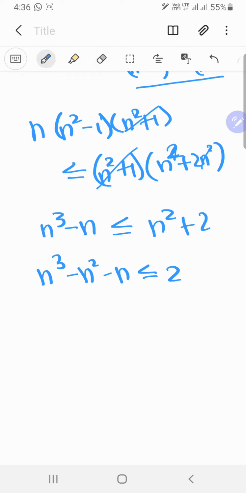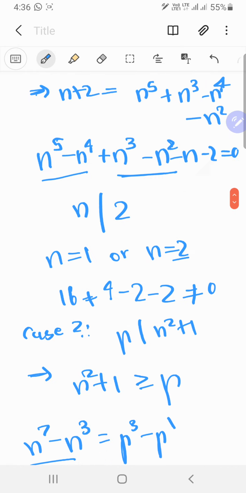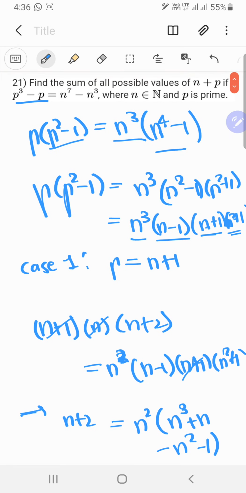So let's check what happens at n equals 1. n equals 1 gives me that this function becomes 1 minus 1 minus 1, which is negative 1 itself. Yeah, that looks correct.